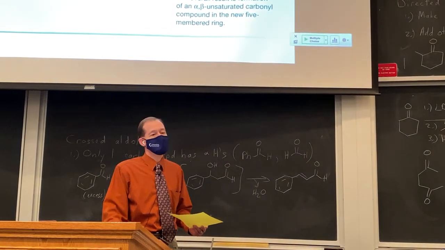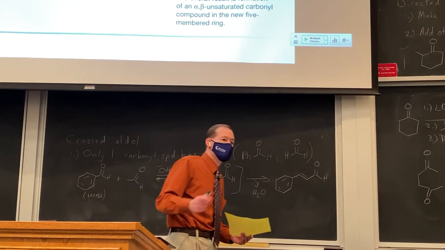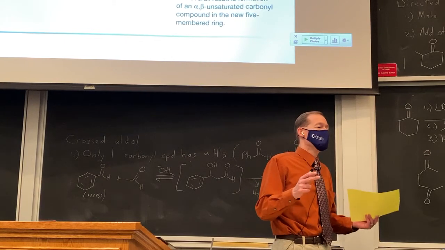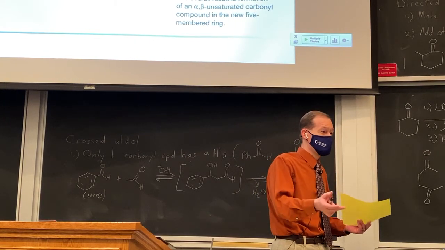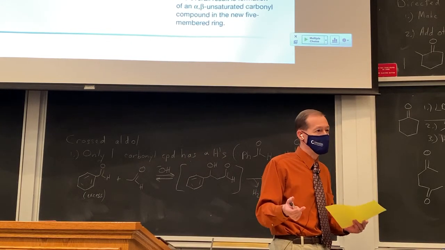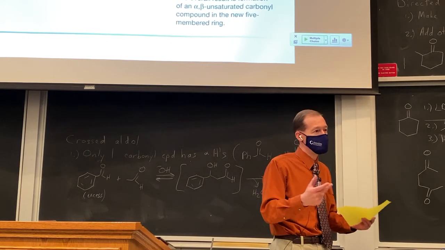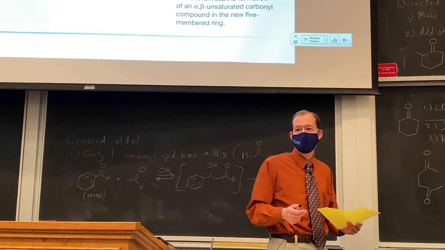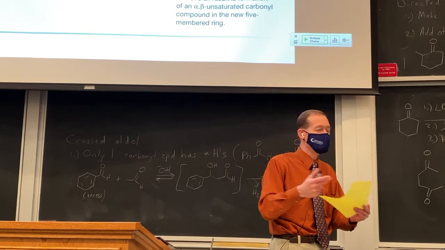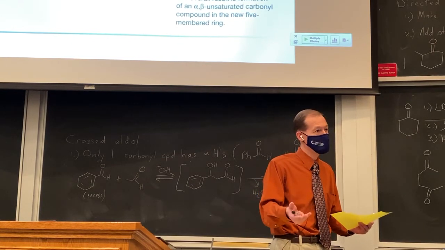Okay, so you would not make a 7-membered ring because, we haven't talked about it yet, but 7-membered rings have a different type of strain in them. Once you get above 6, you get a different type of strain called transannular strain that we won't have time to talk about. But we need to recognize that 7, 8, 9, 10, those ring sizes are all strained for reasons we won't get into.